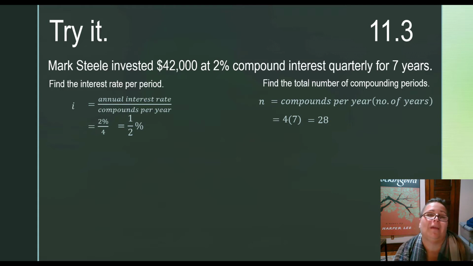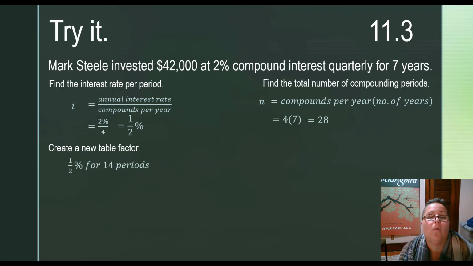So I have to create a new table factor for this. 28 is an even number. So I'm going to split that in half, and half of 28 is 14. So I'm going to look up 1/2% for 14 periods. And that leaves me another 14 periods at 1/2%, right?